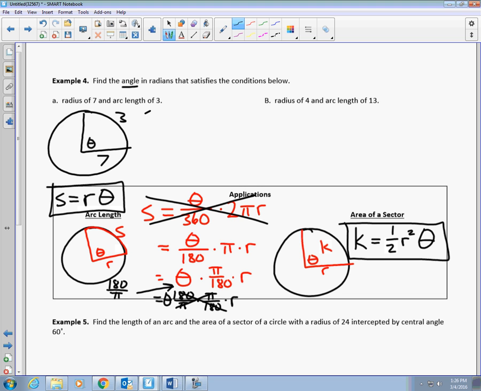First one. So S equals R times theta. What is S? R. How do I solve for theta? Divide by 7. We get 3 over 7 is equal to theta. That's it.